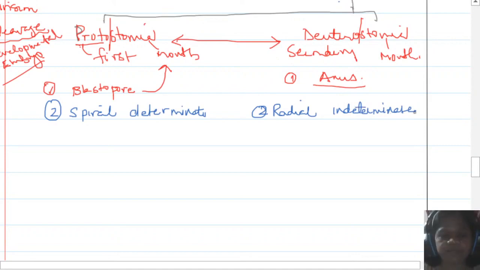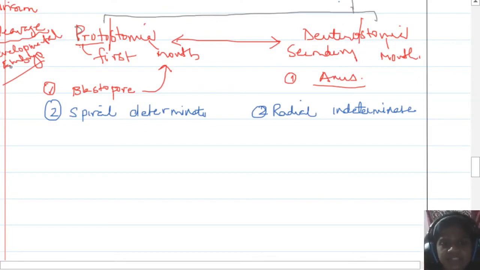Remember that we are classifying based on certain characteristic features, right? So here we are explaining the different characteristic features by which we are classifying these two into 2 different divisions, Protostomia and Deuterostomia. The first one is that here the blastopore forms the mouth, and here the blastopore forms the anus. And secondarily, the mouth forms at the opposite end of the anus, here in Deuterostomia.